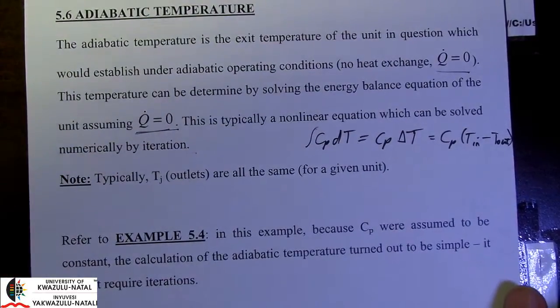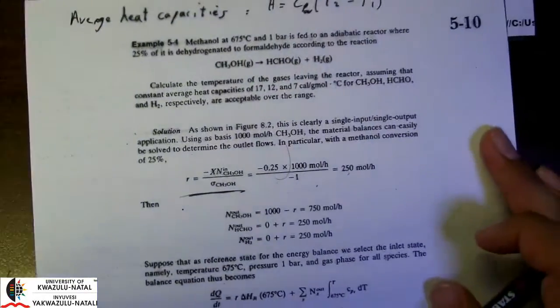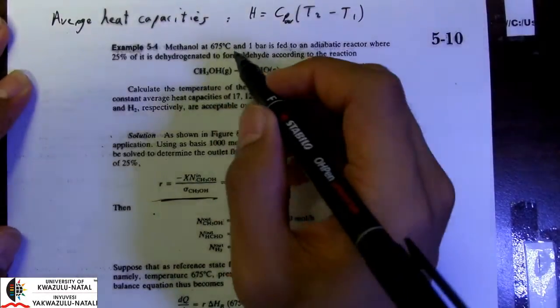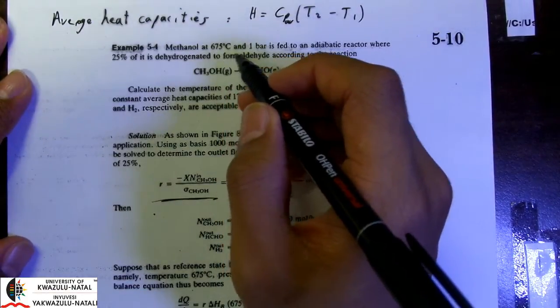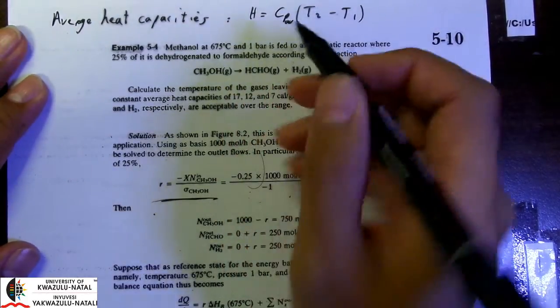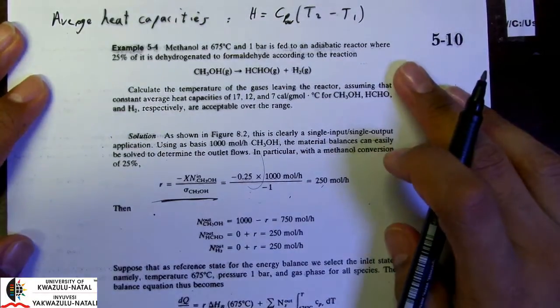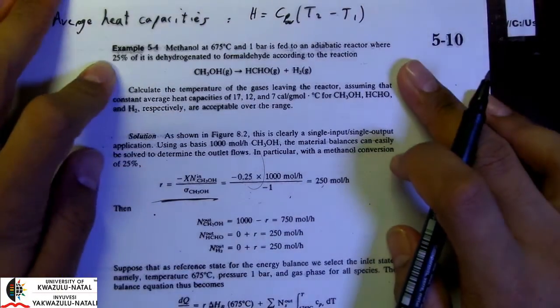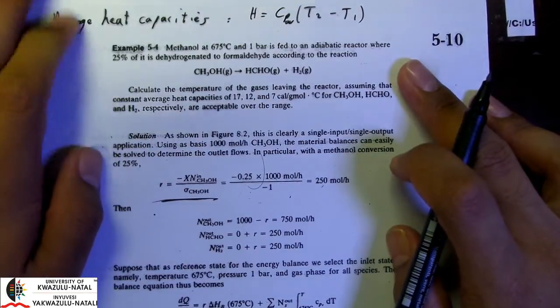Now let's look at an example in this regard. We have methanol at 675 degrees Celsius and 1 bar, and it's being fed to an adiabatic reactor, and we have a conversion of 25%.